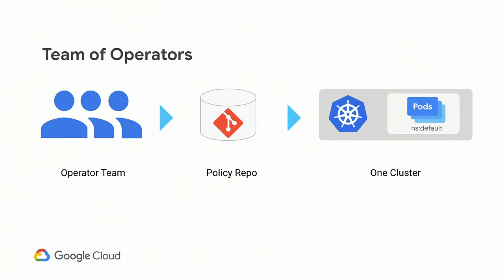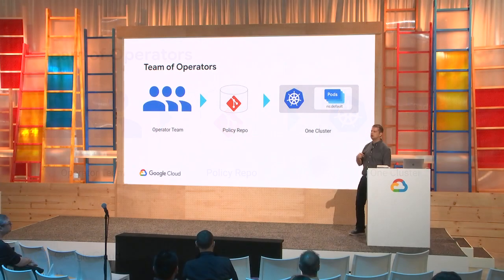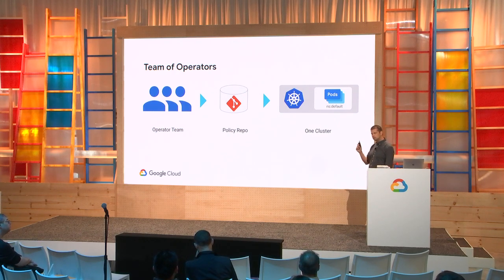Source control mechanisms were built specifically for this use case where people need to collaborate on code, and you can use the tooling built around them to do code reviews, to do static analysis of that code, to understand who did what and when, and to roll those things back. There have been decades of work on repositories. That's a solved problem for collaborating on code, and we want to use that for infrastructure as well.